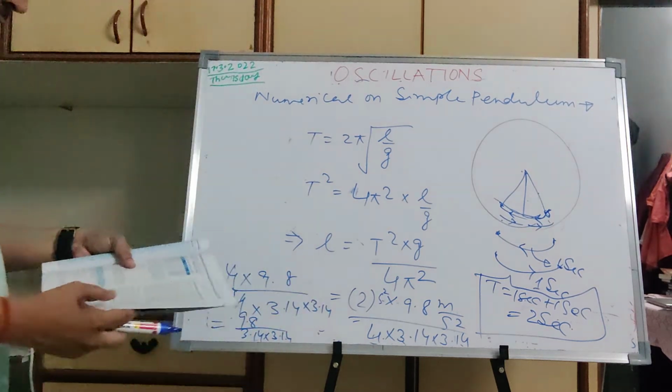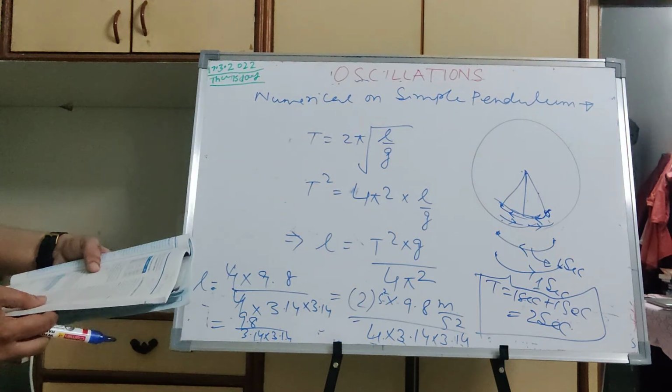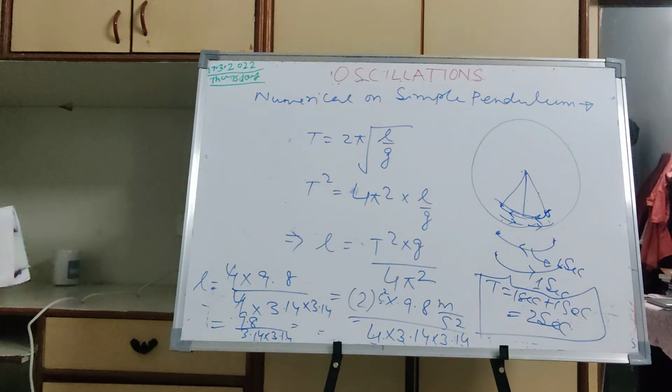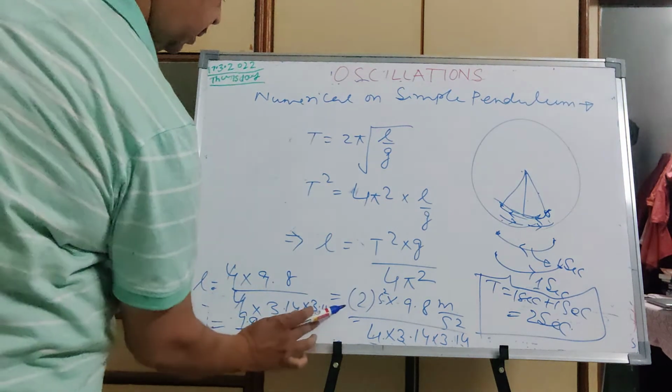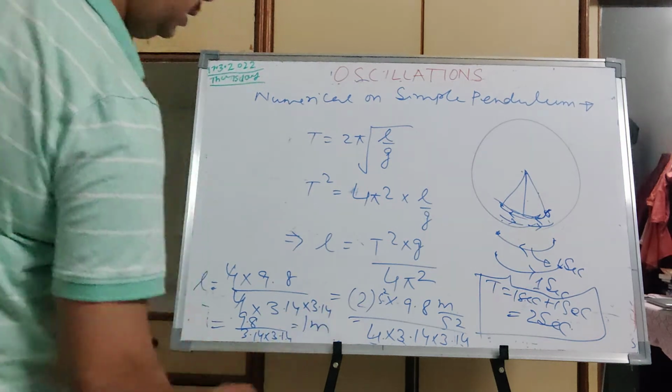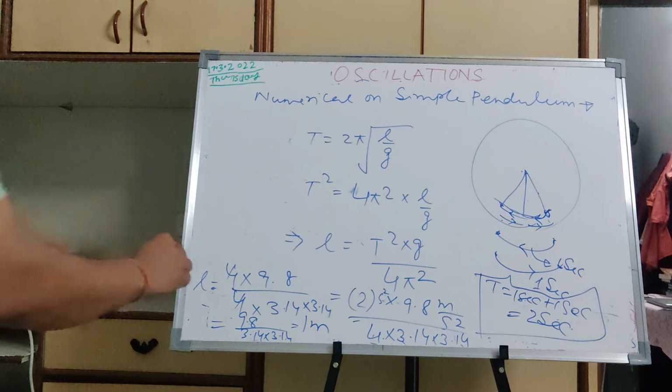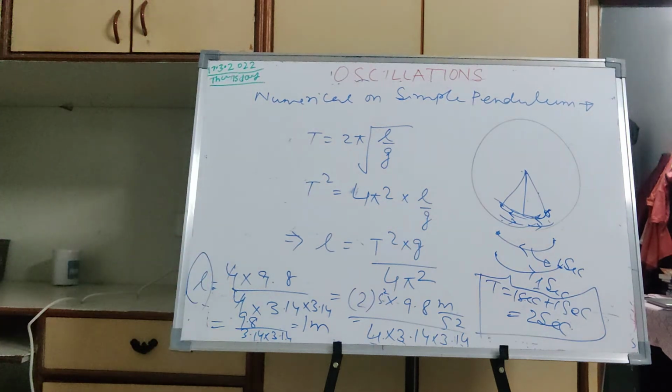So almost 1, I think it will be. Length 3.14 into 1/4, that is also almost equal to 1. So it is 1 meter. So the answer is, the pendulum which ticks 1 second, its length is 1 meter.